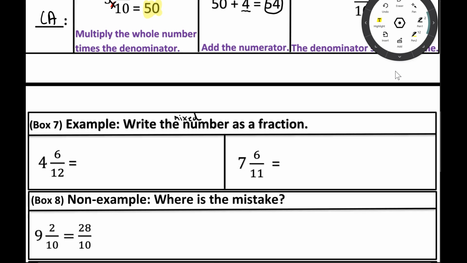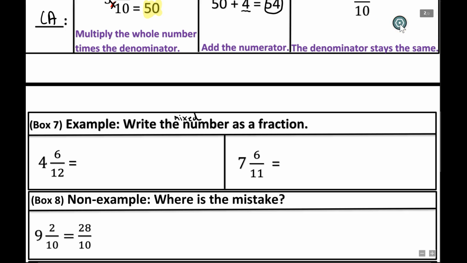So mixed number. Alrighty, so the first thing I'm going to do, step 1 says multiply the whole number times the denominator. So I'm going to multiply 4 times 12. Well, 4 times 12 is equal to 48. Then add the numerator, so then I have to go back to this 6.